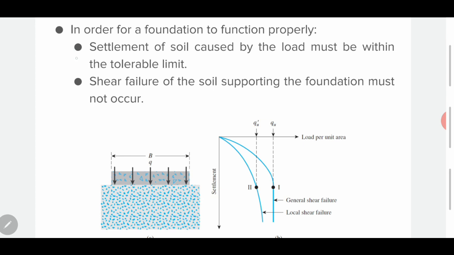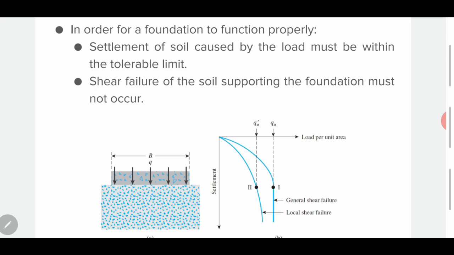Pero kung ang settlement niya is something that is drastic, up to a certain point, it will lead to what we call the shear failure.